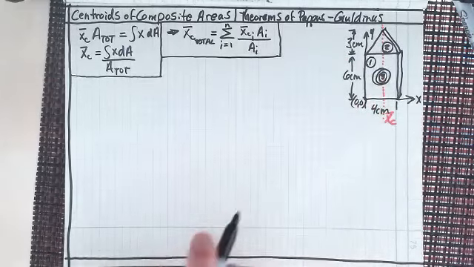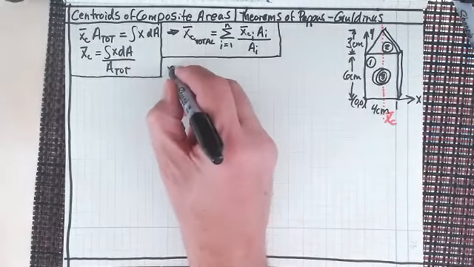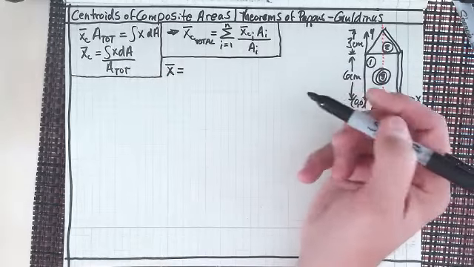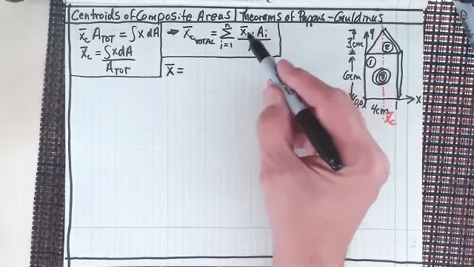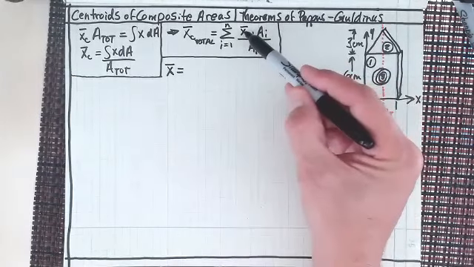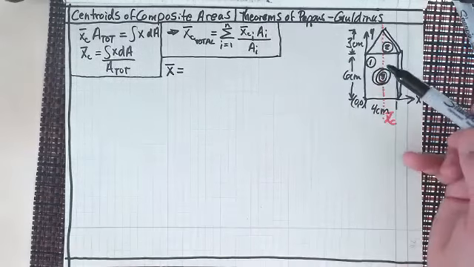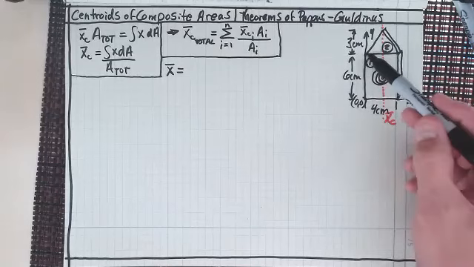All right, so let's do that. So X total for that cross-sectional area is going to be the individual centroid times the area of that. So let's do the first one first. That's going to be the rectangle that we have here, right?